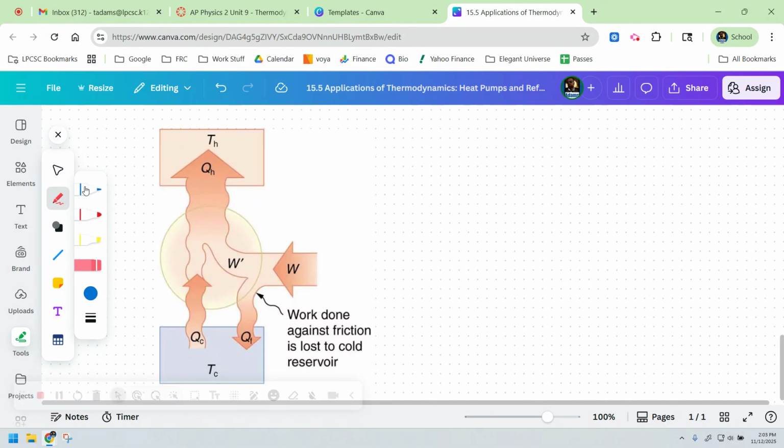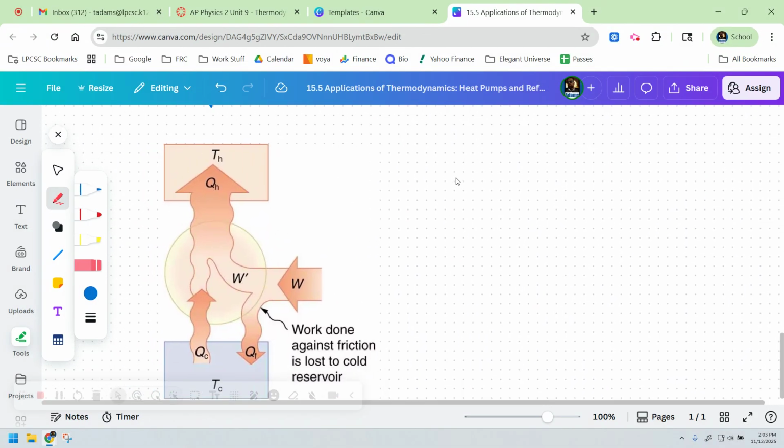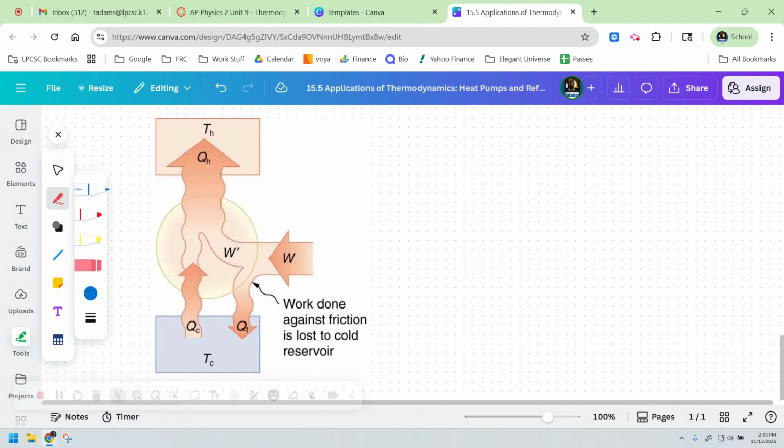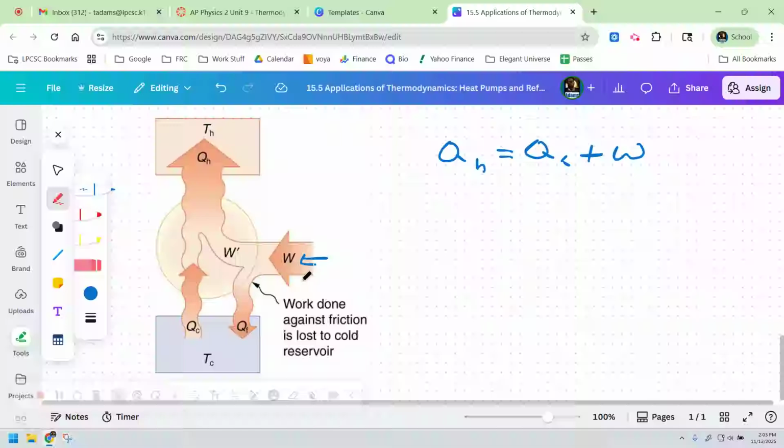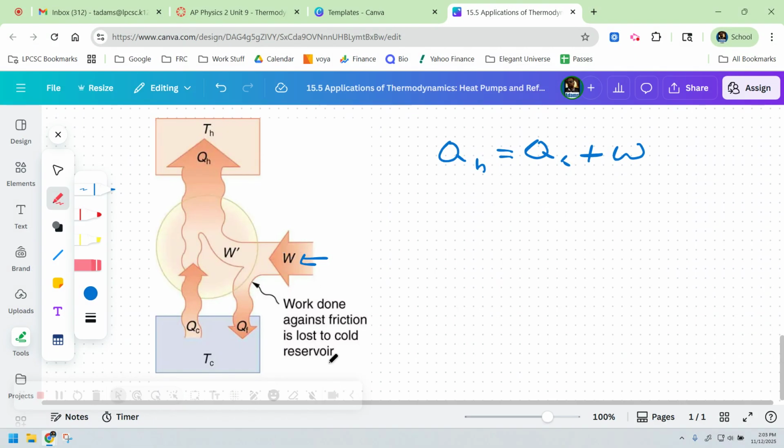Remember that, oh shoot. And I'll keep writing this down because it's important. QH is equal to QC plus the work. So in general, you have work going in. But now some of that work overcomes friction.